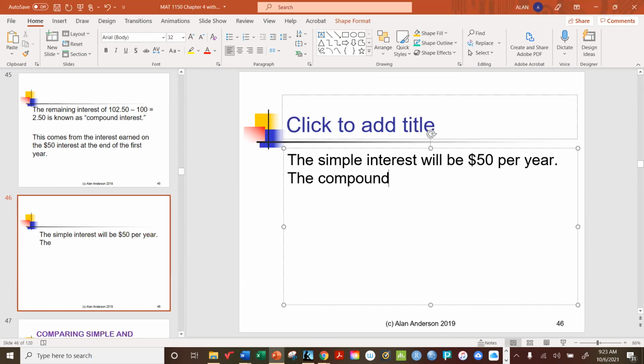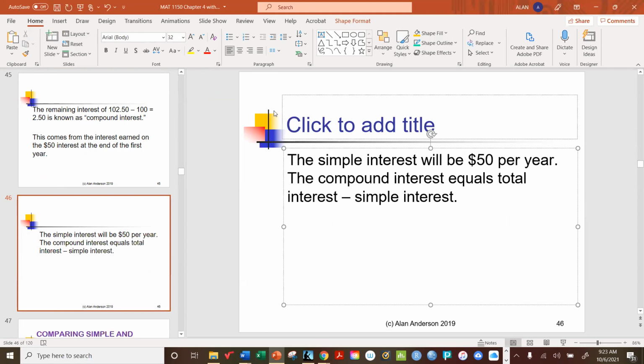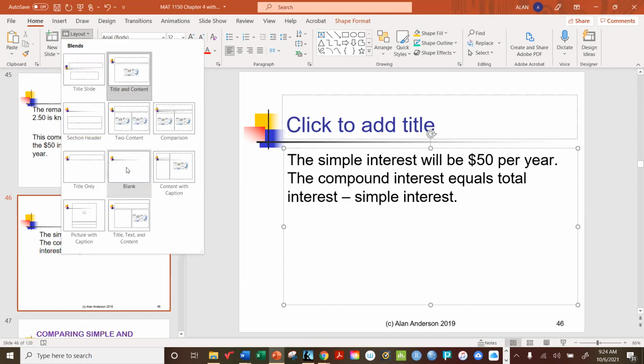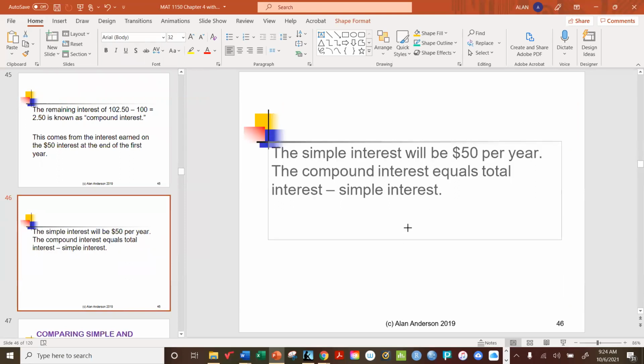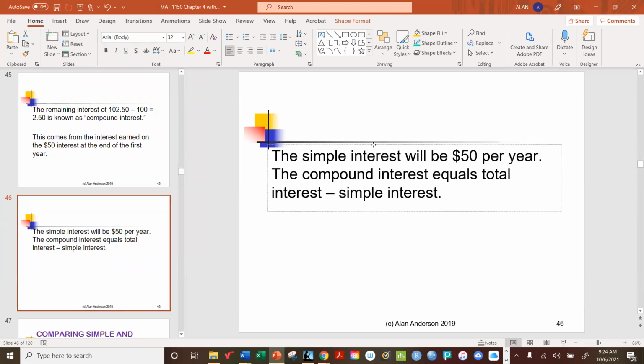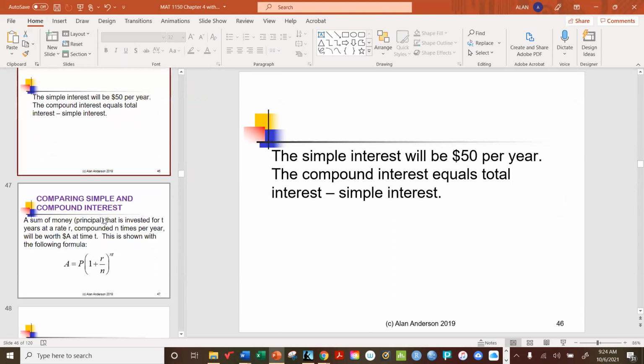The compound interest equals total interest minus simple interest. So you might say, well, that's only 2.50. And that doesn't sound like a lot of money, but you know what, after enough years go by, eventually you'll end up with more compound interest than simple interest.